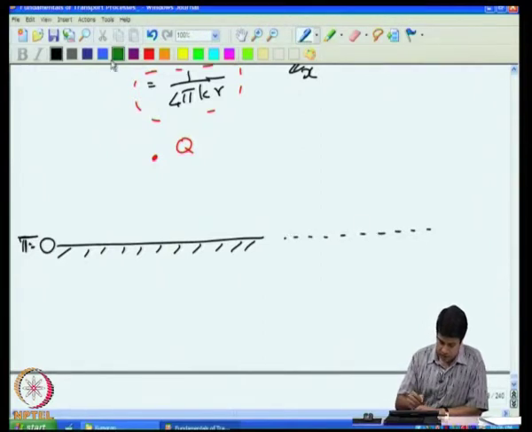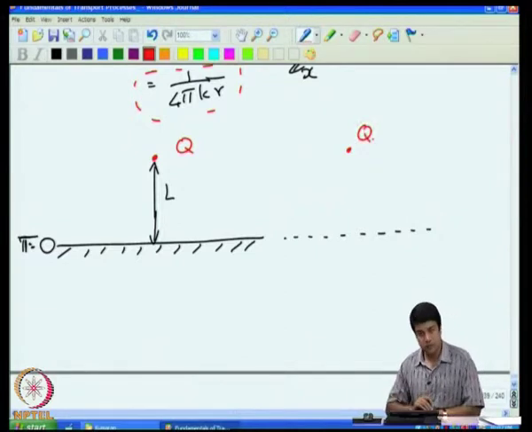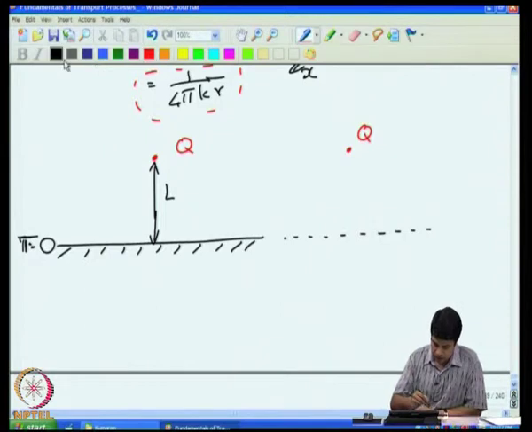In this case let us say that I have a source q at a distance L from the surface. I consider an alternate configuration where there is no wall, there is a source of strength q at a distance L from the surface.